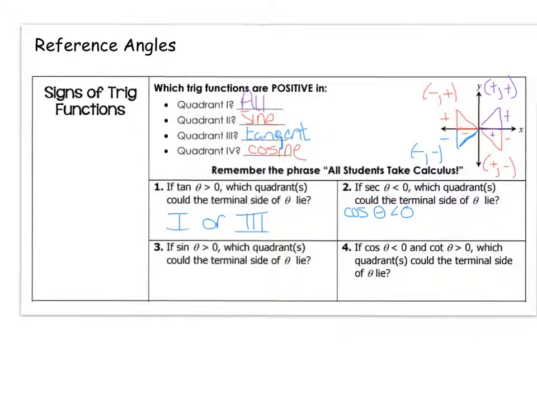Cosine is going to be negative in quadrant 2, because the only one in quadrant 2 that's positive is sine. And it's also going to be negative in quadrant 3. So it looks like quadrants 2 and 3. All right, so I want you to reason through these next two, see if you can come up with the answer to the questions, then turn the video back on to check.